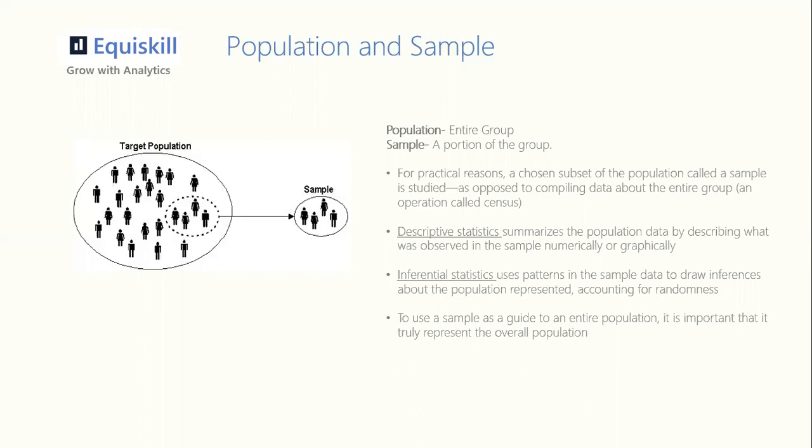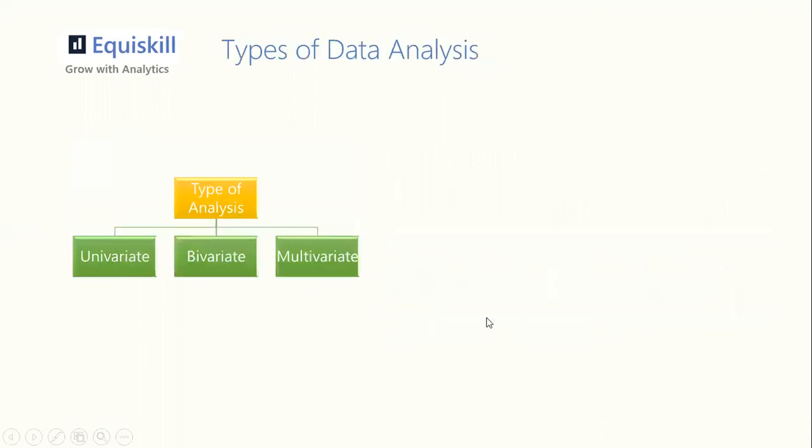I might measure only 40 or 50 women if that is representing the entire population. And there are different methods to make sure that your sample is a representative sample. But the whole idea is that sometimes we run analytics on the entire data or the entire population. At other times, we pull out a sample and run our analytics on the sample. We infer what the whole population is like by using the sample, and this is called inferential statistics.